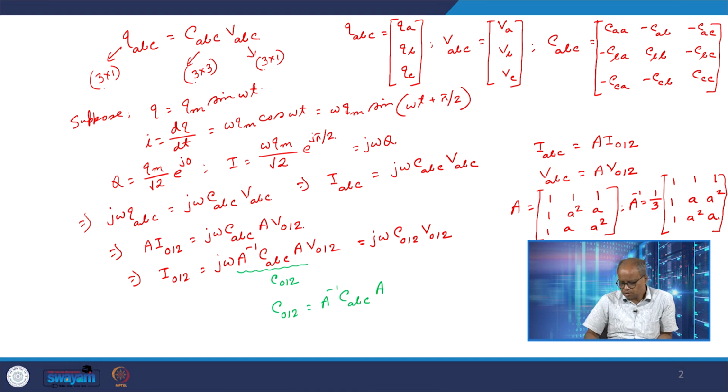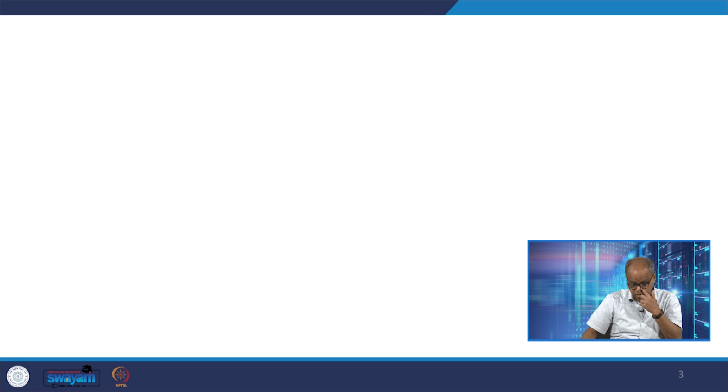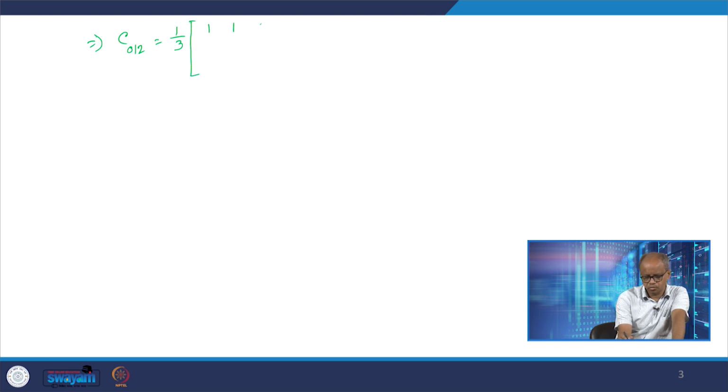So now let's see what it would be. Therefore C 0 1 2 is A inverse, meaning 1 by 3 times 1 1 1, 1 A square, 1 square A, and then C ABC, which is CAA, CAB, and so on.